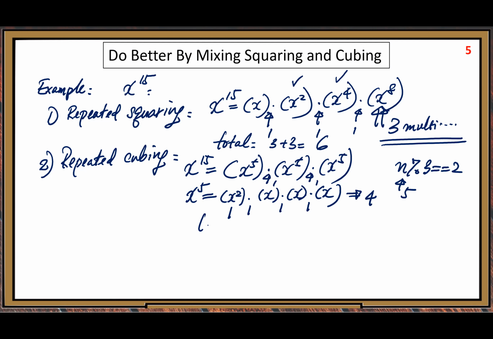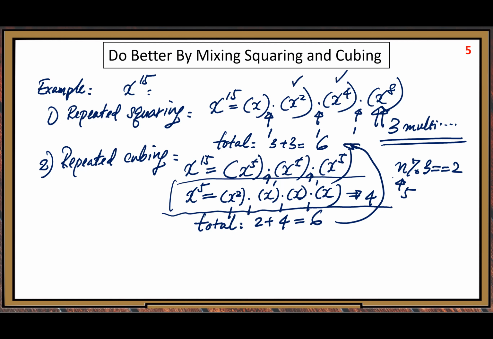So the total is 2 plus 4 equals 6, the same as the repeated squaring way. But this evaluation is too slow, not the best. You can save. So here is our method 3, the mixed way.